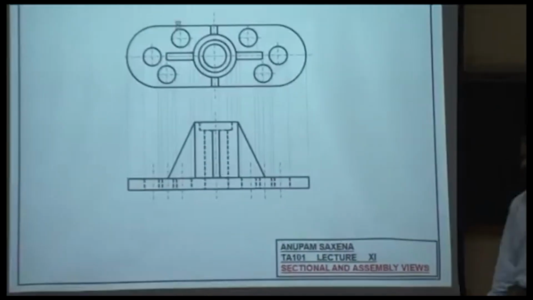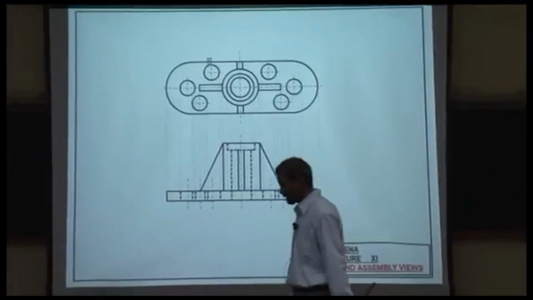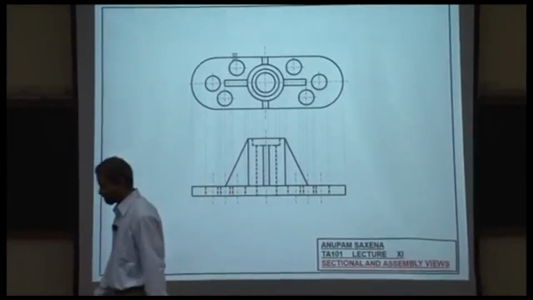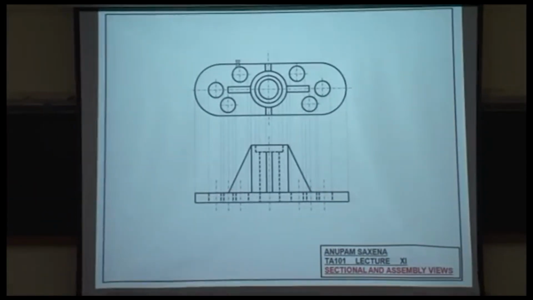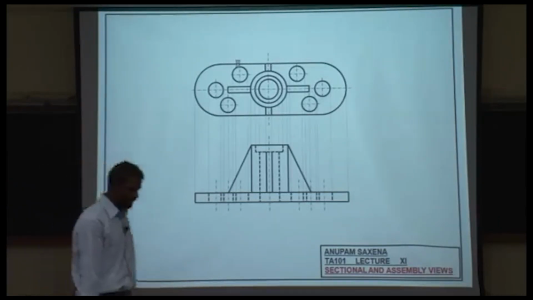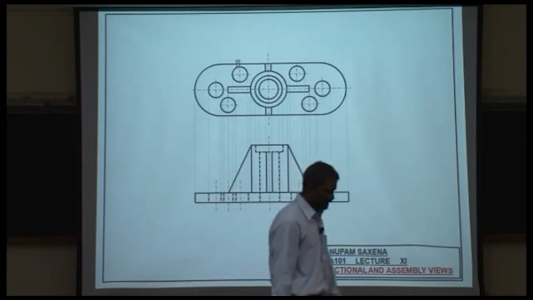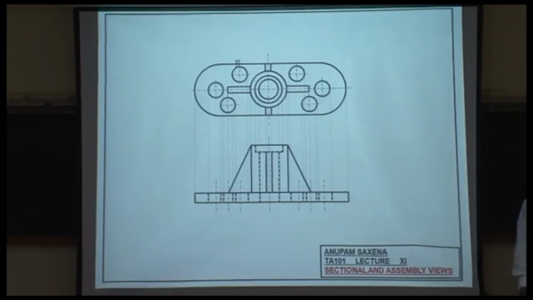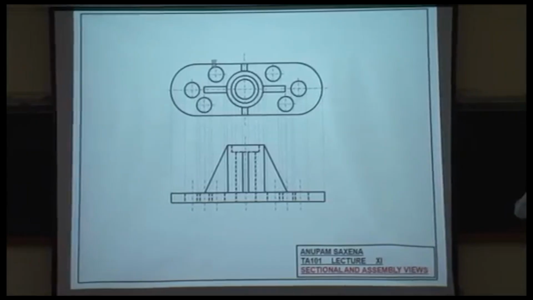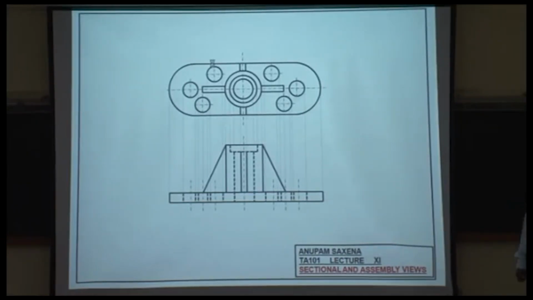Let's get started. So a little recap. I started with this example last week, and started with the top view and then drew the front view, and we both agreed that the front view was quite congested.